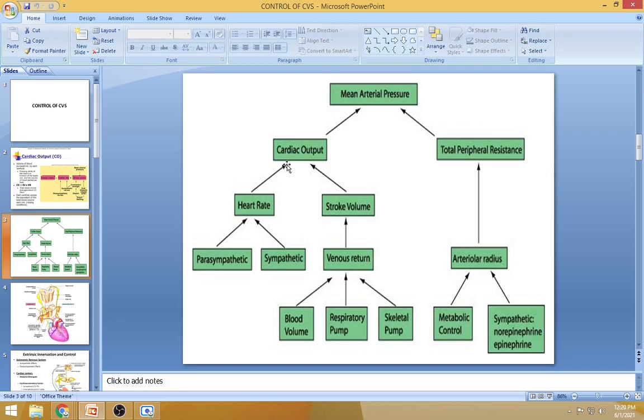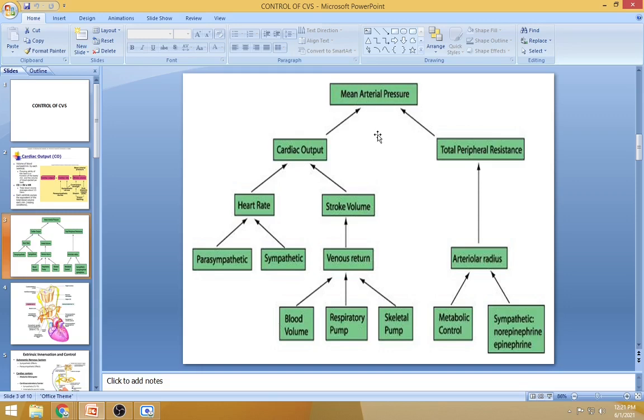Humans are a species that is mobile and therefore has different types of activities, and all these activities require different cardiac output, which is determined by a number of factors like the heart rate and stroke volume. All these then determine the flow by creating a kind of pressure which we call the mean arterial pressure.